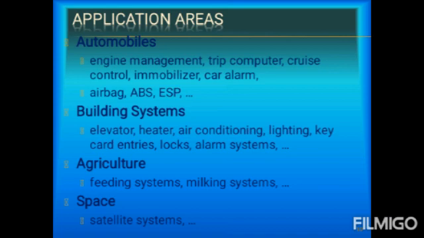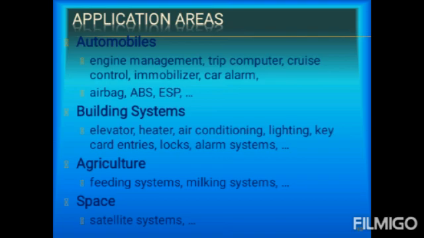In buildings, we use embedded systems in elevators, heaters, air conditioners, lighting systems, key card entries, locks, and alarm systems. In agriculture we use them for seeding, spreading pesticides, soil testing, feeding systems and milking systems. And in space we use them in satellite systems.